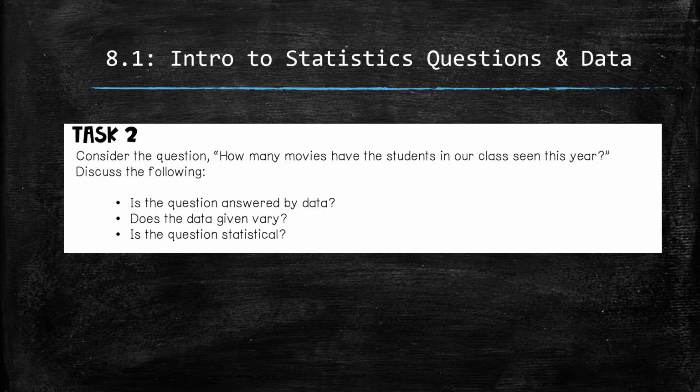Is the question answered by data? Absolutely. I can go out and collect information from the students in our class to determine the number of movies each student has seen. Does the data give varying answers? It absolutely has more than one answer, because not everyone is going to have the exact same number as their answer. So yes, this is a statistical numerical question.